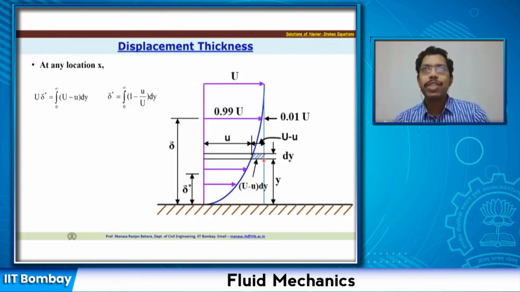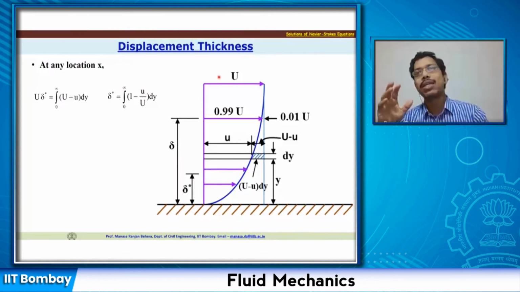Now you have this U minus u, and if you integrate over this small strip dy, you will get the flux that has been reduced or retarded within this small elemental length dy. Now if I integrate it over 0 to infinity, then I will get the total flux that is being retarded.